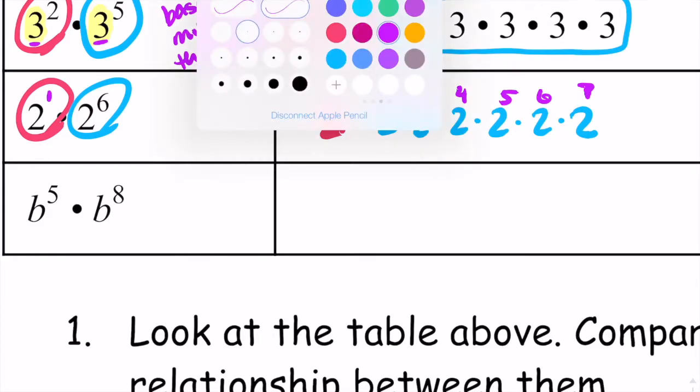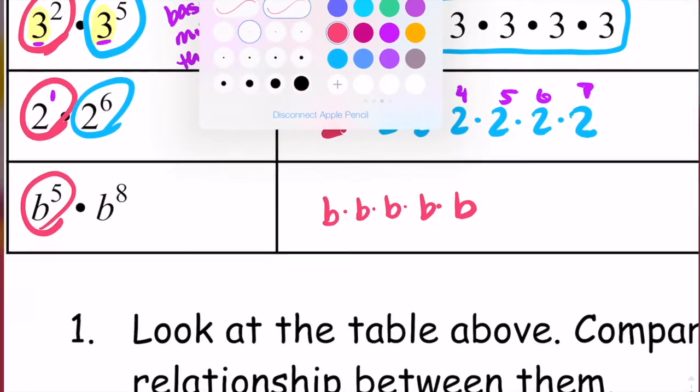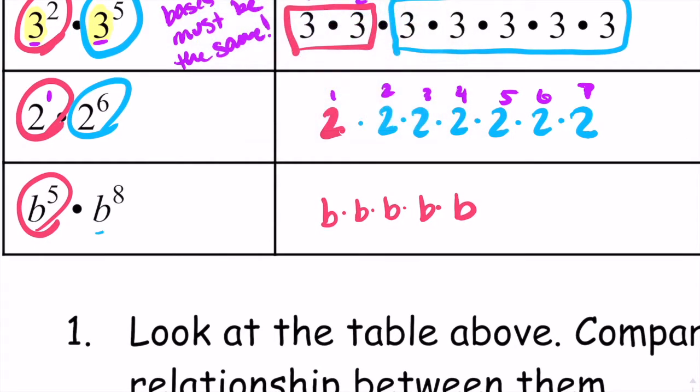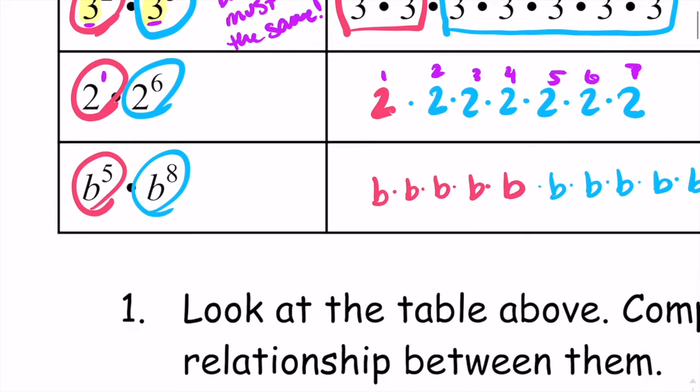So I have b to the 5th times b to the 8th. Right, my bases are the same. So let me write an expanded form. 1, 2, 3, 4, 5. And I have b to the 8th. I have 1, 2, 3, 4, 5, 6, 7, and 8. Okay, so now look, here's a hint.